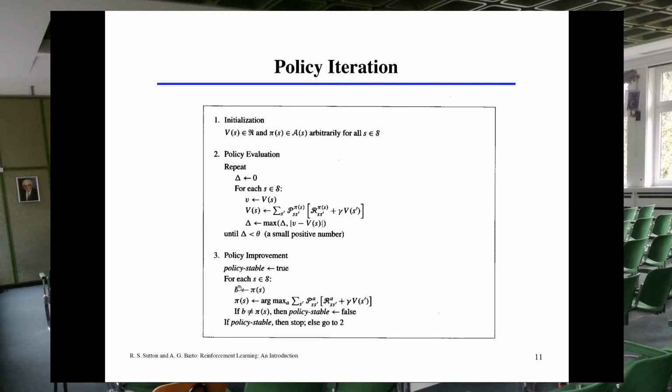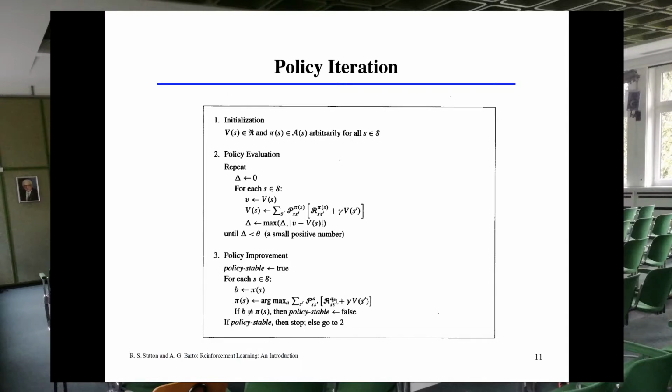When you go here, then you will update your policy, the one that is randomly set. So you will say, okay, now I want to look for the best action that I can perform for each one of the states. So for each of the states, you will check which of the actions is the best one, the action that will maximize this expression here.